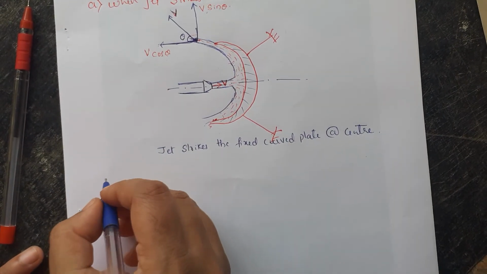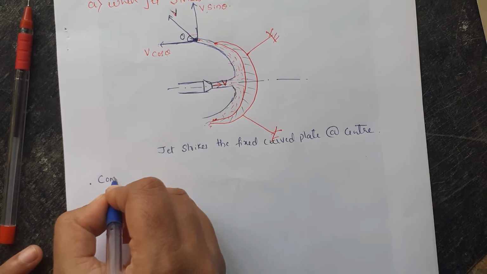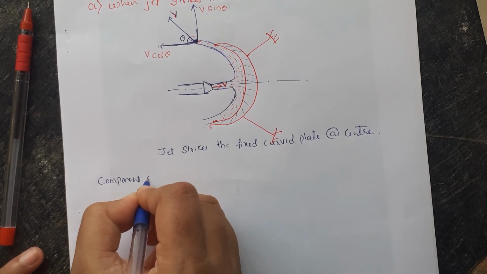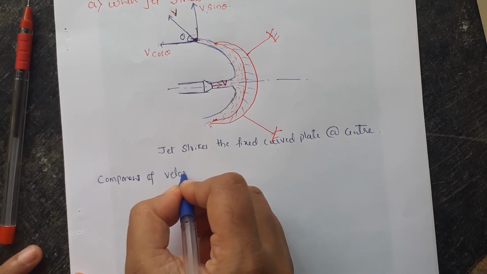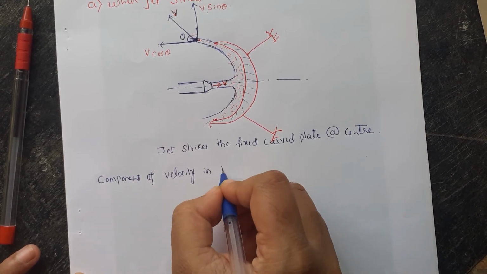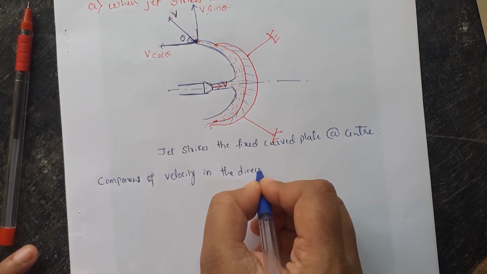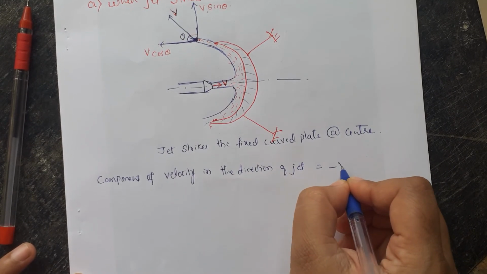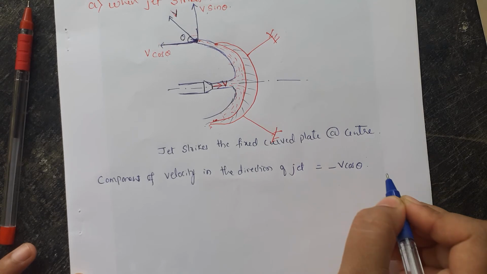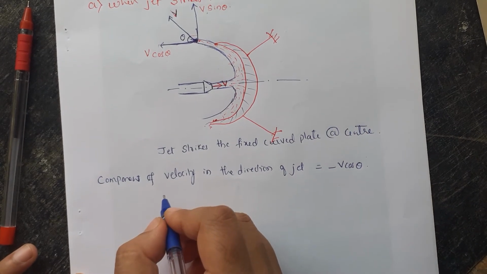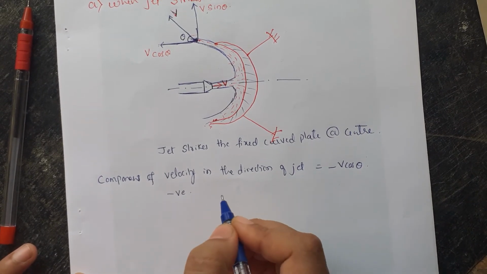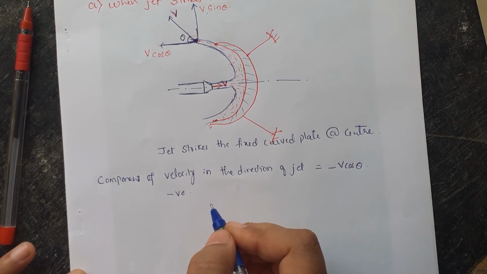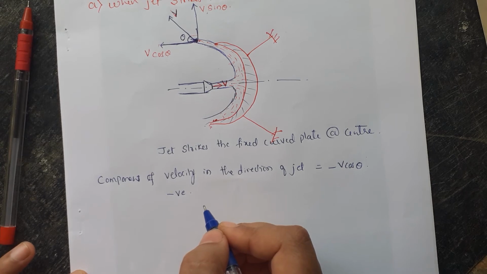Now component of velocity in the direction of jet is equal to what? Minus v cos theta. Here the negative sign indicates the velocity at the outlet is in the opposite direction of the jet of water coming out from a nozzle.